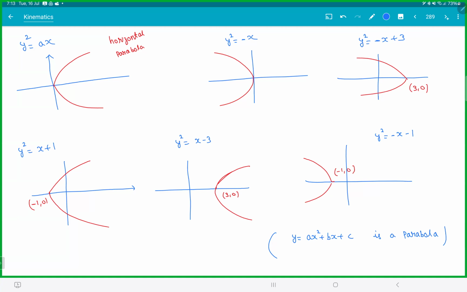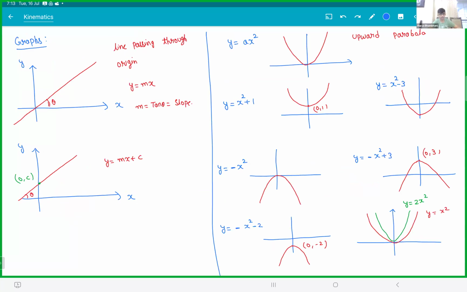Let's get back to our question. So can you show the previous page? Hmm. Thanks.